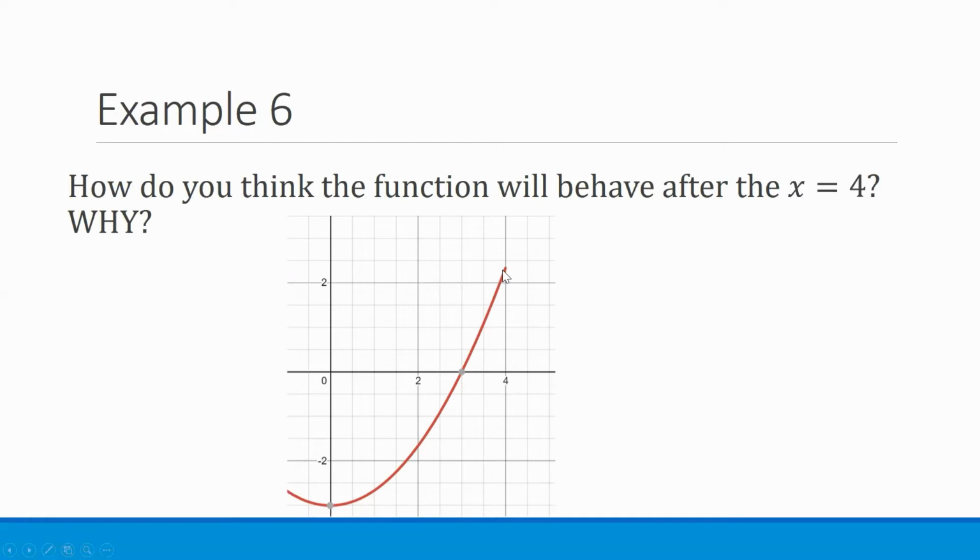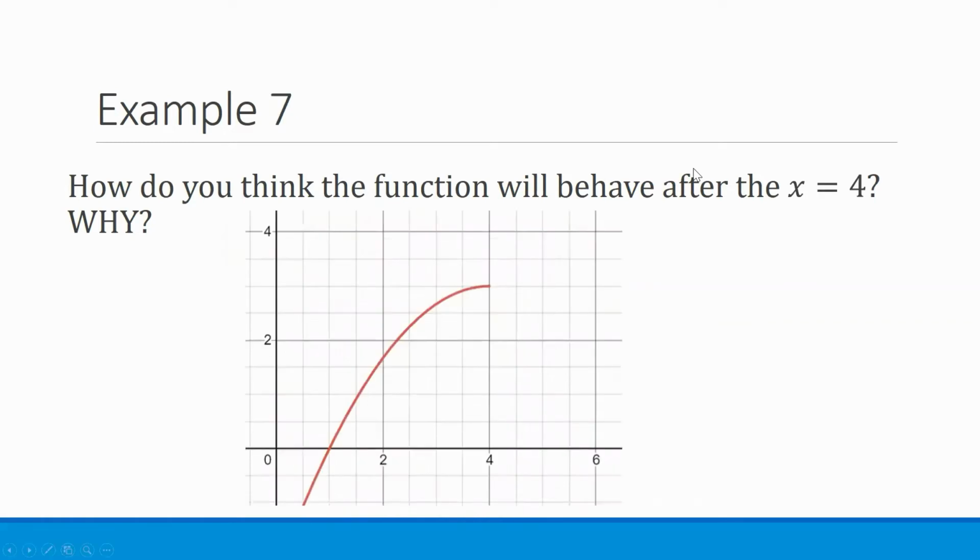But it would be my guess that beyond 4, this function is still going to go up, at least for a little while. We're going to extend up. Maybe it's going to have the same positive concavity, so it's going to go up very quickly, or maybe it'll just go up and then start leveling off in the future. But immediately after 4, it looks like it's going to go up still.